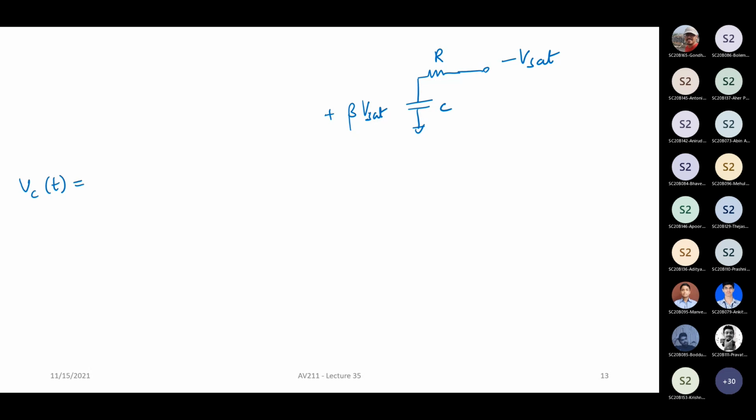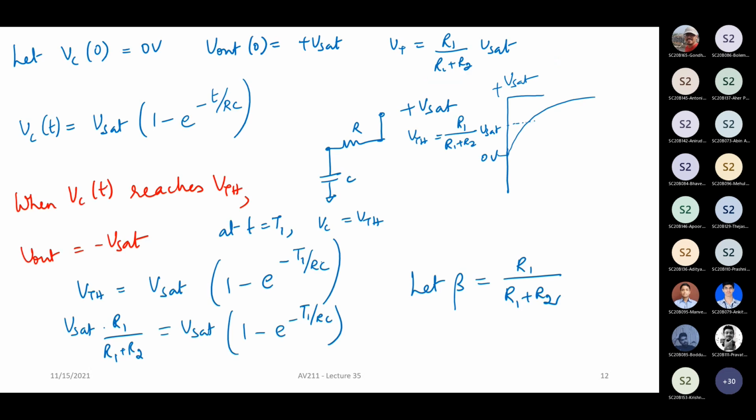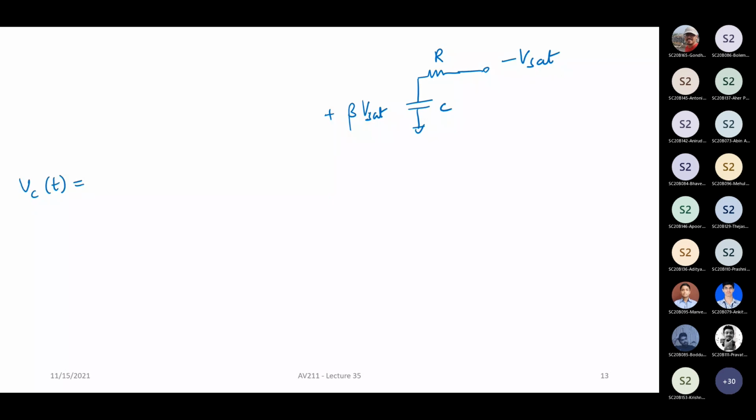Initially it was easy because we started off with 0 volt. Now let us try to understand how much it is. Have you come across the short form V final minus V final minus V initial times e power minus T by RC?